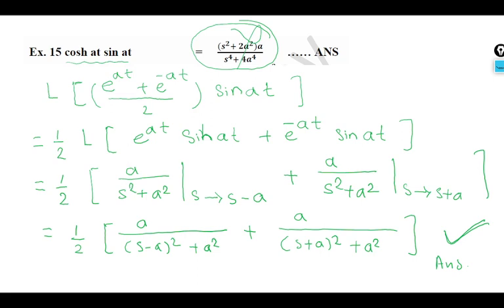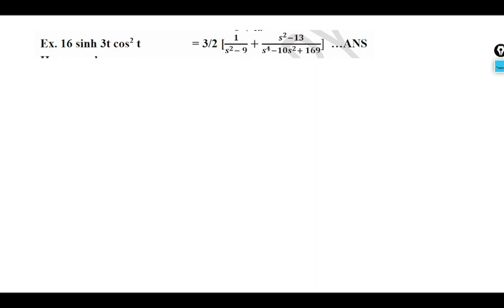Okay, the next one then. Exactly similar to the previous question. We want sine hyperbolic t into cos square t. Yes, sine hyperbolic t, we can use Euler's definition, but first we want Laplace of cos square t. So let me find out Laplace of cos square t first.